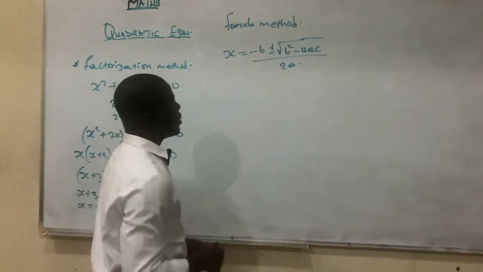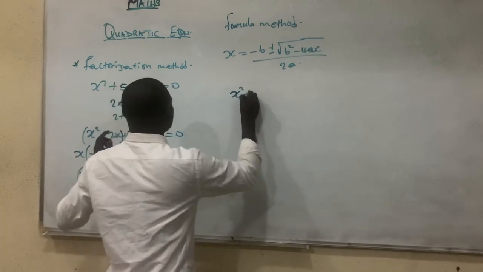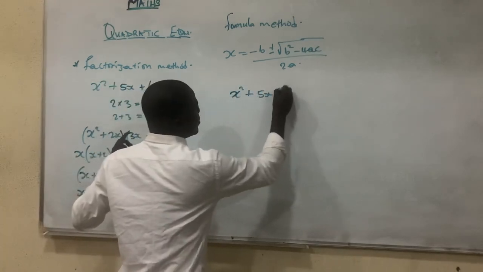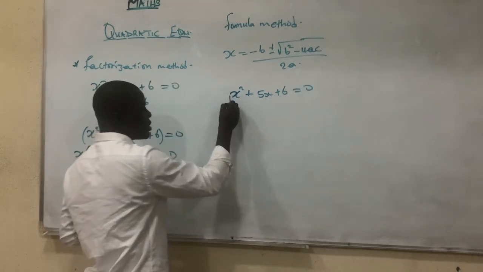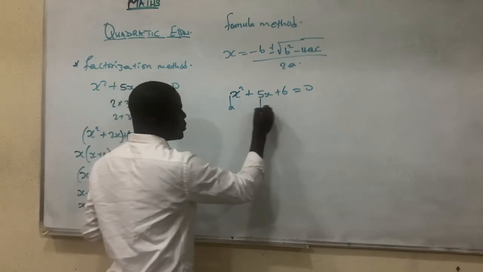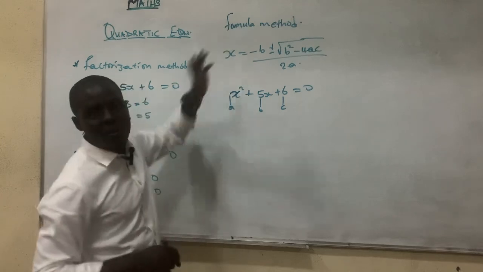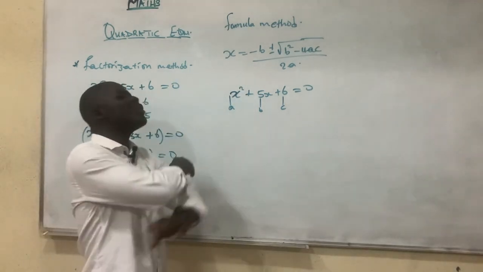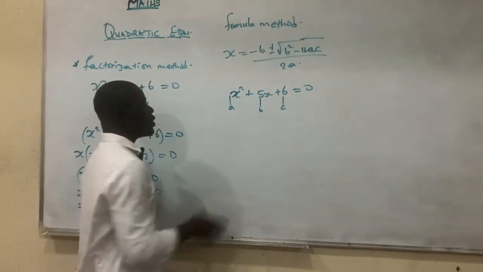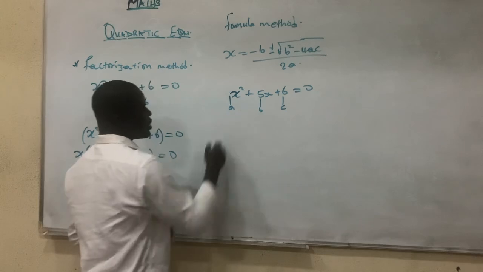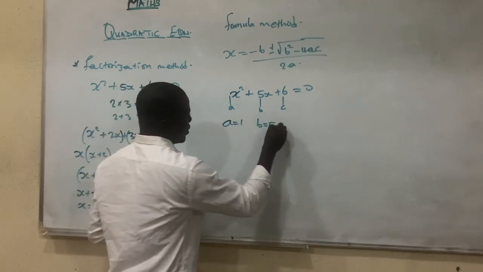To go further, we have our question x squared plus 5x plus 6 equal to 0. Here, the coefficient of x squared is a, the coefficient of x is b, and the constant is c. The reason why the formula method is very good is that it is capable of solving all quadratic equations. So a is equal to 1, b is equal to 5, c is equal to 6.